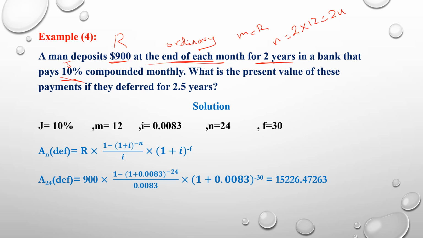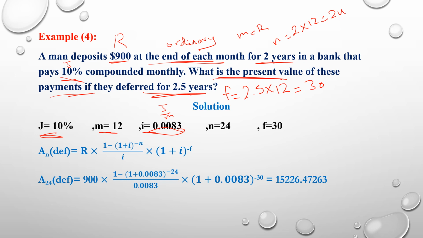What is the present value of these payments if they are deferred for 2.5 years? So this is the deferment period, and f equals 2.5 times 12, which equals 30. So j is 10%, m is 12, i equals j over m, n equals 24, and f equals 30.